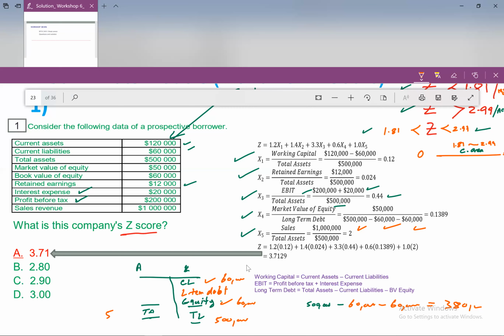I know the total asset is 500 and the total liability is 500. This is the only thing we have to consider, and then we can calculate the Z-score. And as you can see, this Z-score you can actually accept.